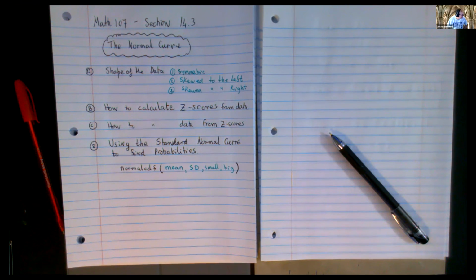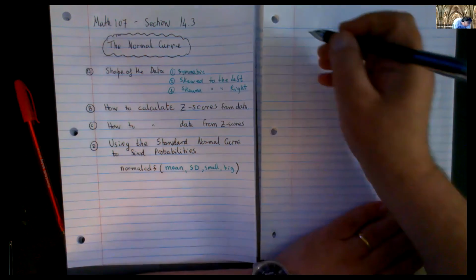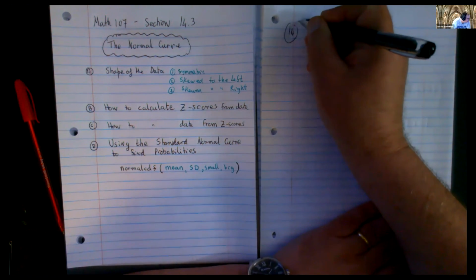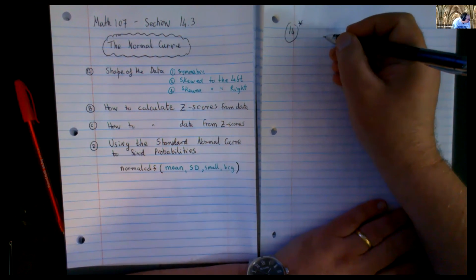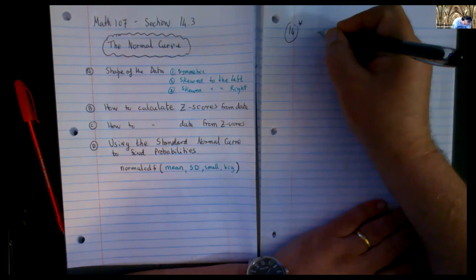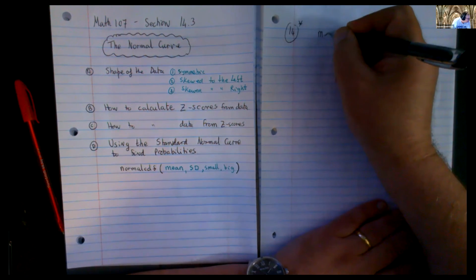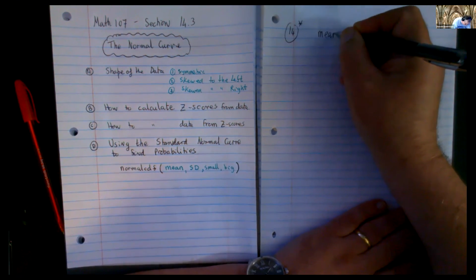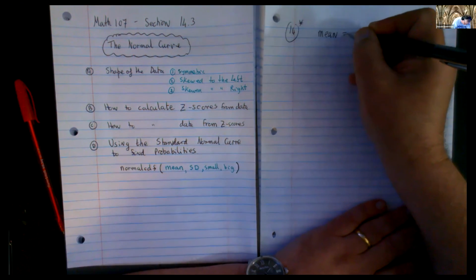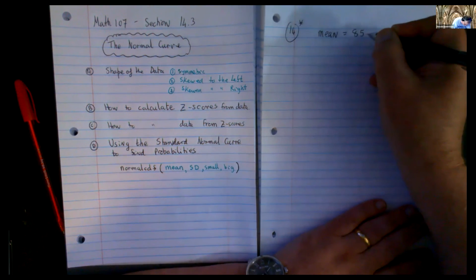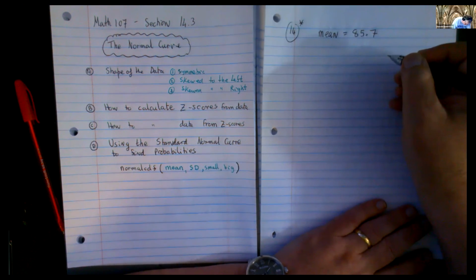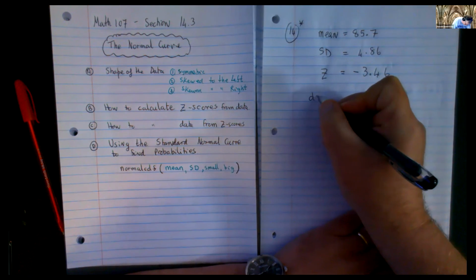So let me pick one here. This is a version of homework question 14. The mean in this case is 85.7, the standard deviation is 4.86, and the Z-score is negative 3.46, and we're going to find the data.